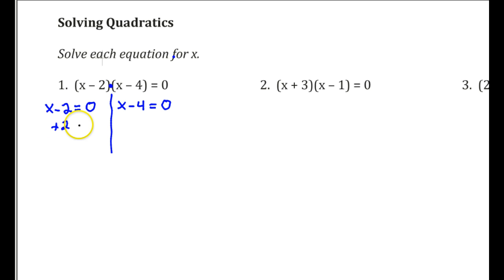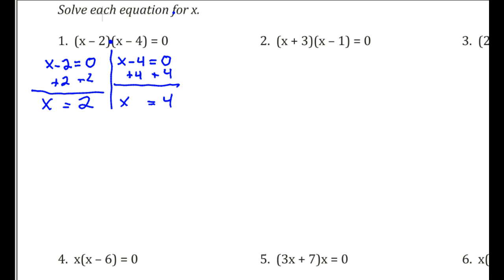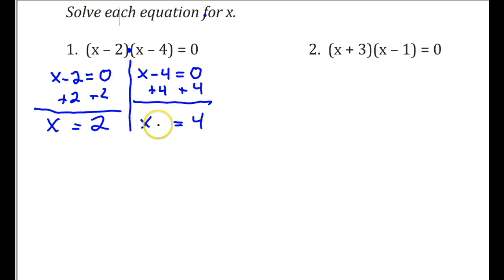Okay. And then we can solve each one individually. Add 2 to both sides, x equals 2. Add 4 to both sides, x equals 4. Right. But more importantly, what does this mean on the graph? Okay.